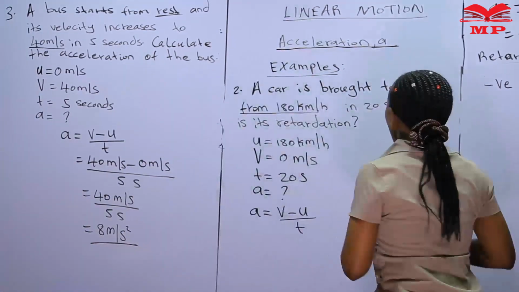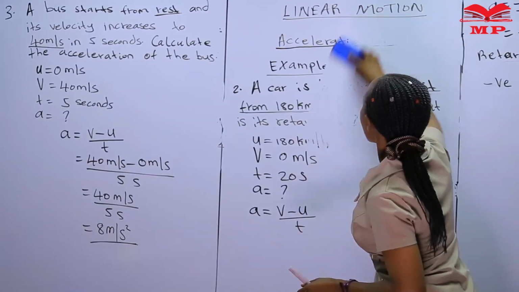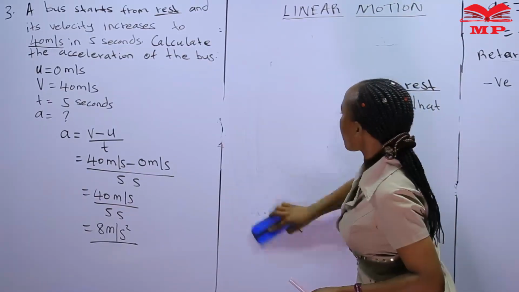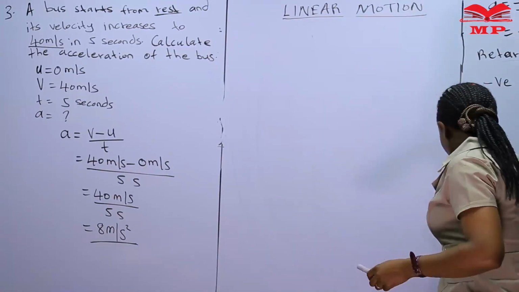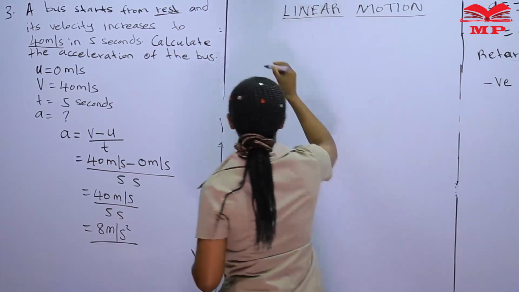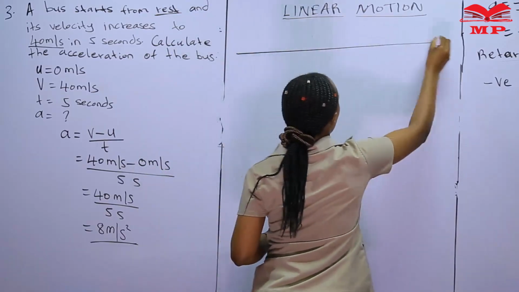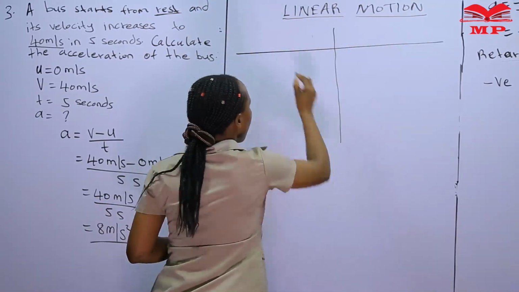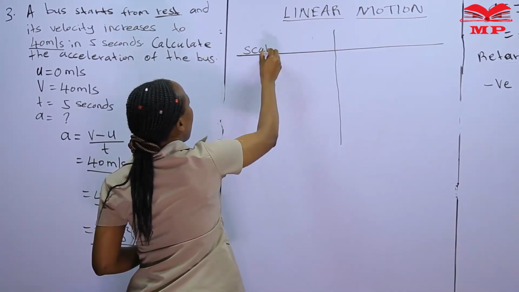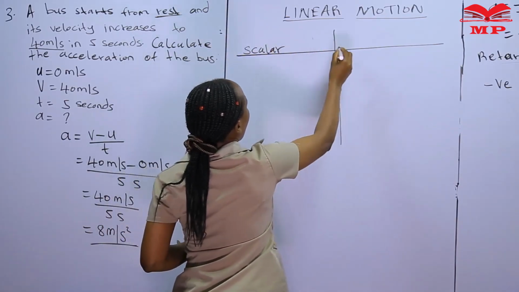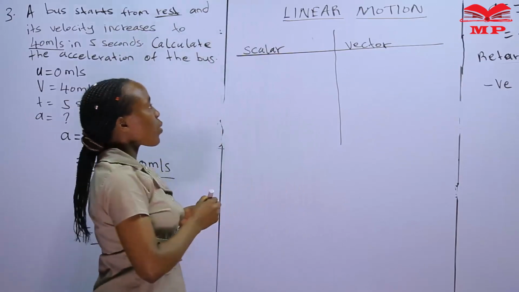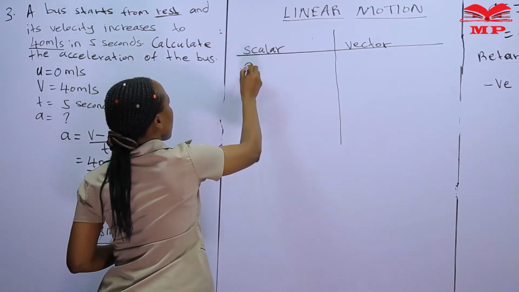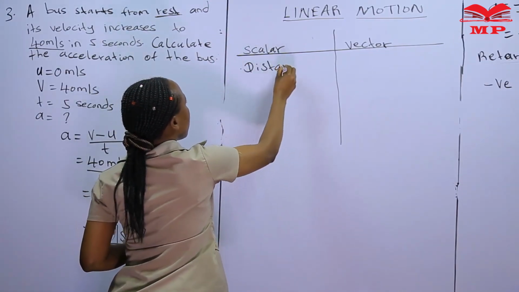Now, from the terms that we have defined so far, we can now group them into either scalar or vector quantities. We started with distance, and distance we said is a scalar quantity.